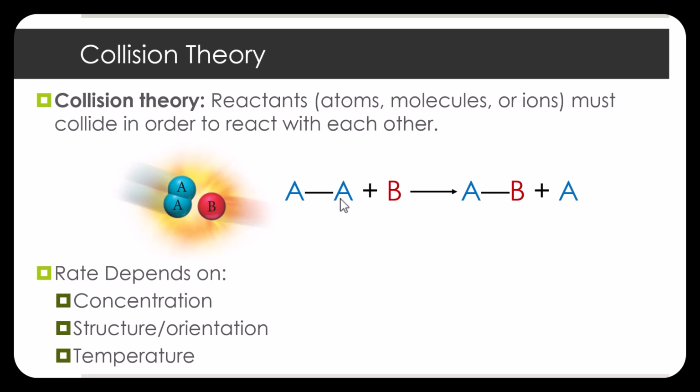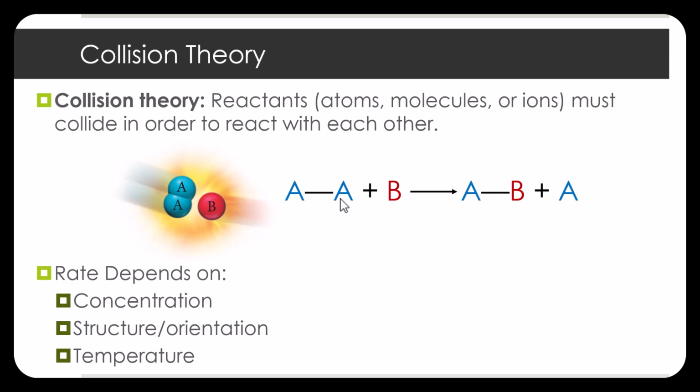The more particles, the higher the concentration, and that typically leads to more collisions, which means an increased rate. As some of those reactants disappear, there are fewer particles and therefore fewer collisions, which decreases the rate of the reaction.